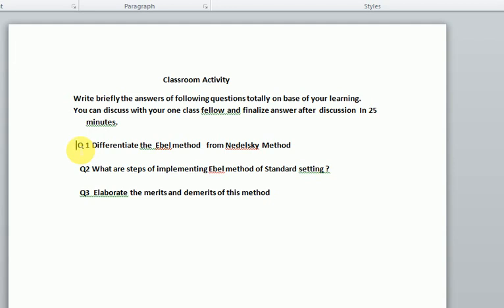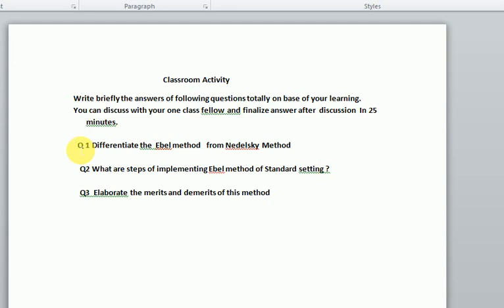Elaborate the merits and demerits of this method. Kindly write down the answers of these questions and submit them to me. Try to answer these questions very seriously and professionally.